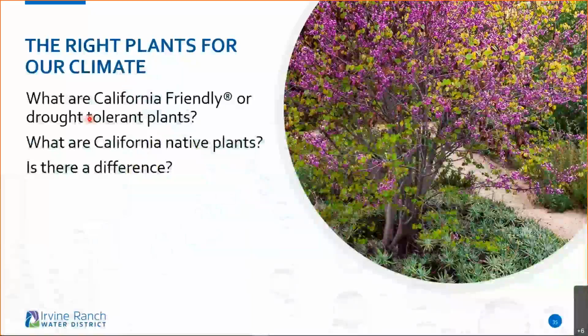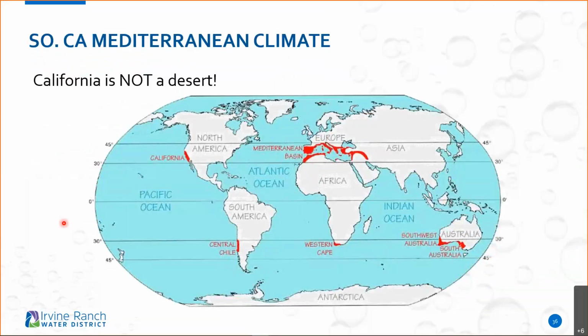The right plants for our climate, what are California-friendly or drought-tolerant plants or climate-appropriate plants? Is there a difference? Yes, there is a difference. One thing, when we look at our California Mediterranean climate, we can utilize plants from all these other different regions that share a similar climate to us, the Mediterranean basin, like Chile, Western Cape, like Africa, South Australia.